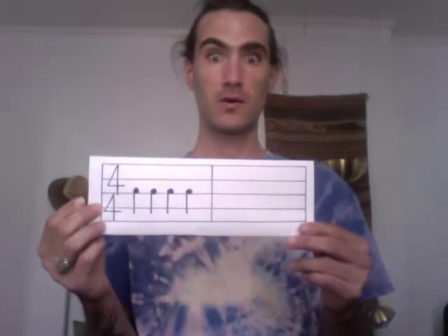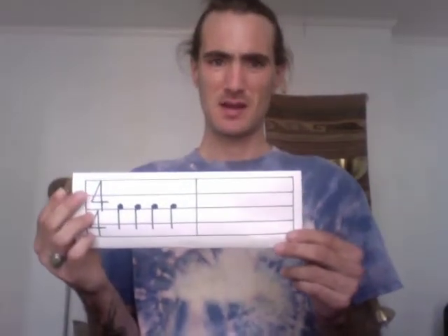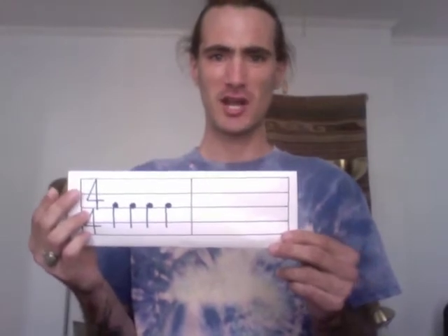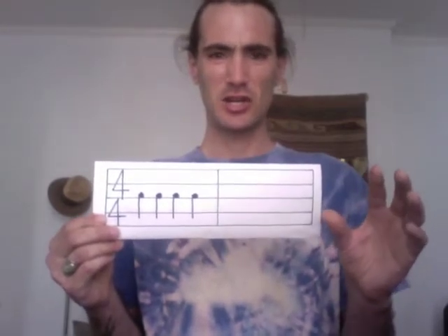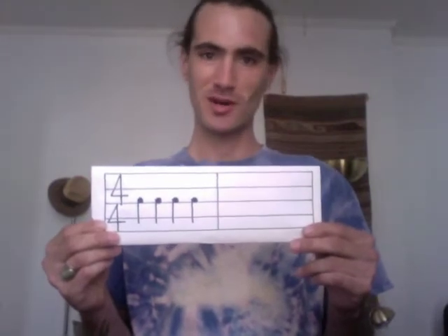So let's slow down for just a second and talk about what that means. The top number tells us how many beats are in a measure. So, a beat is a distinct unit of time. It's true. That's what it is.